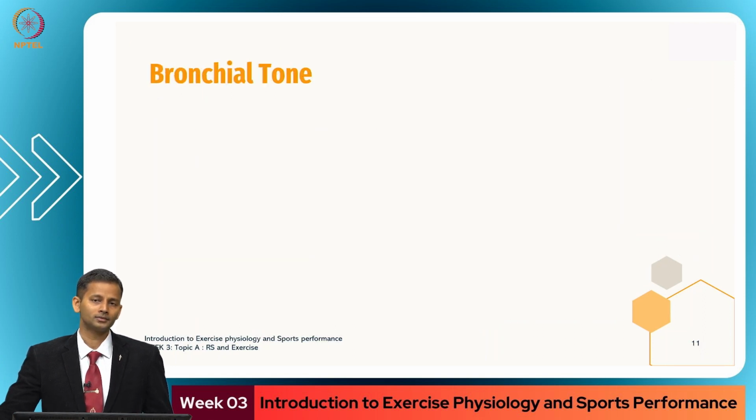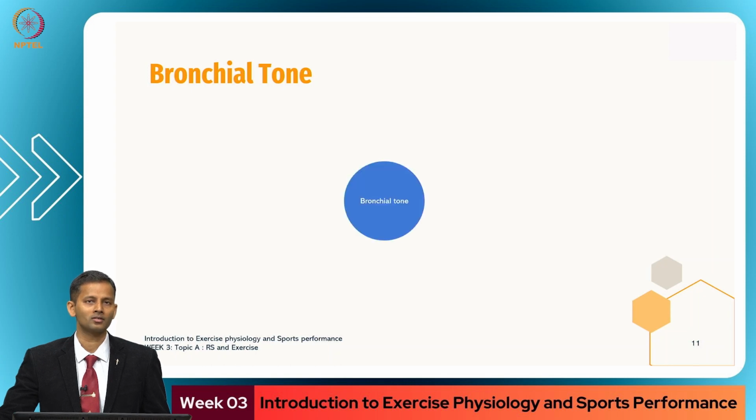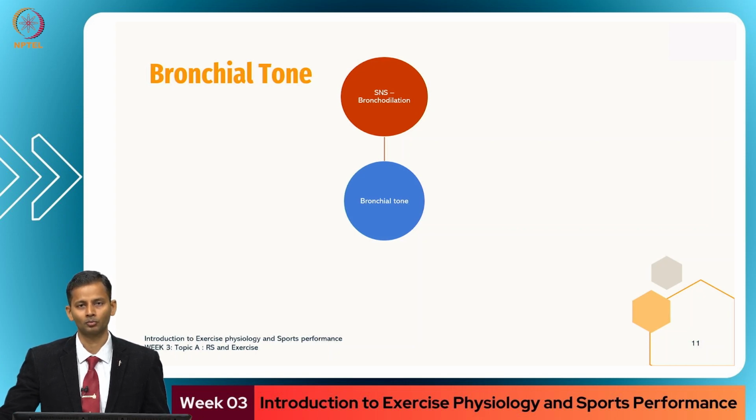So it's important that the entire airway tree is patent. That patency is maintained by what you call bronchial tone. It's purely formed of smooth muscle, the bronchial smooth muscles, and they are innervated, so it is mainly controlled by the nervous system.